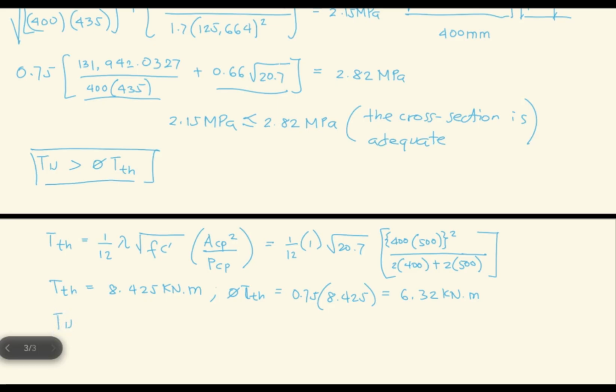TU is greater than phi TTH. TU is 30 kilonewton meter, while this quantity is 6.32 kilonewton meter. Hence, torsion reinforcement is required.